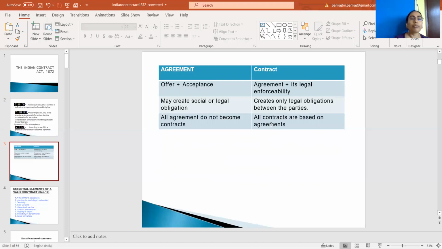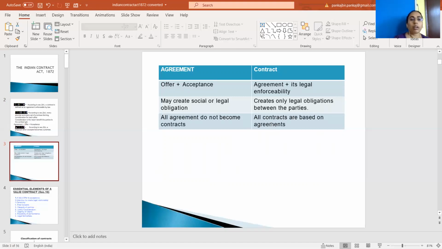For example, if you invite your friend for a party and now you are not throwing the party, it creates only a social obligation to perform your promise, not a legal obligation. But in the case of a contract, there is a legal obligation between the parties.